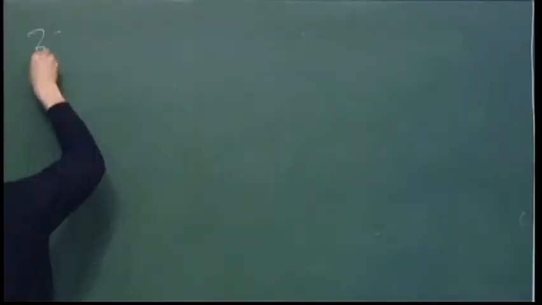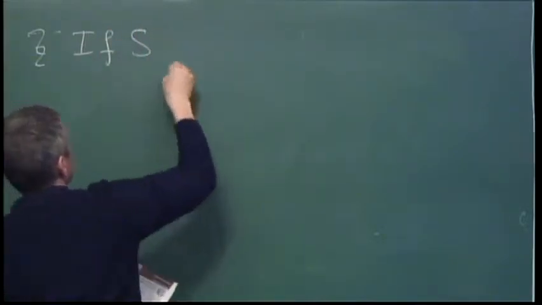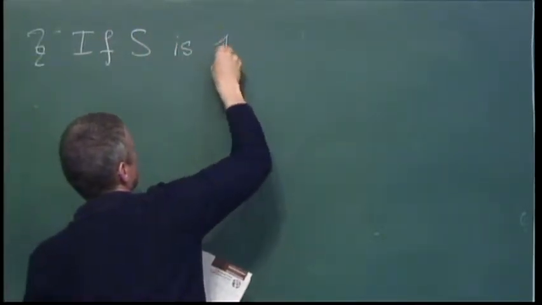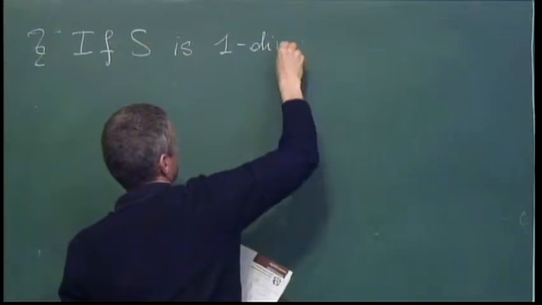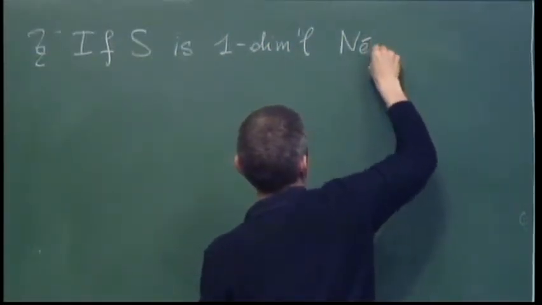So this part of the talk is going to be: if S is one-dimensional, Néron models exist.